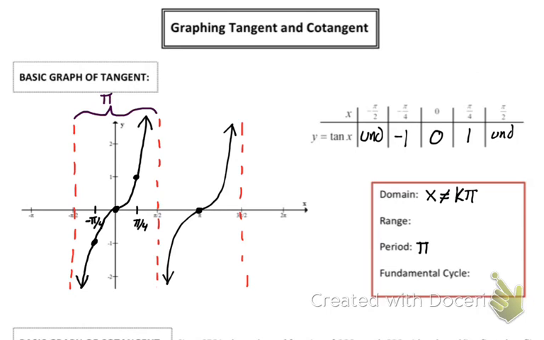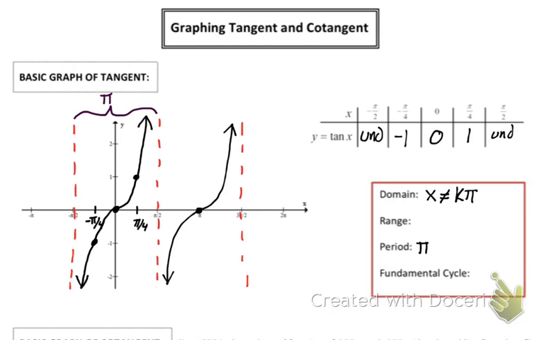So if I plug a 0 in for k, 0 times pi is 0. Do I have a vertical asymptote at 0? No, I don't. If I plug a 1 in here, I have 1 times pi, so that's pi. Do I have a vertical asymptote at pi? No. So the first two I picked were right here and here. However, if I just shift this over a little bit, then they match up with the ones that actually exist.